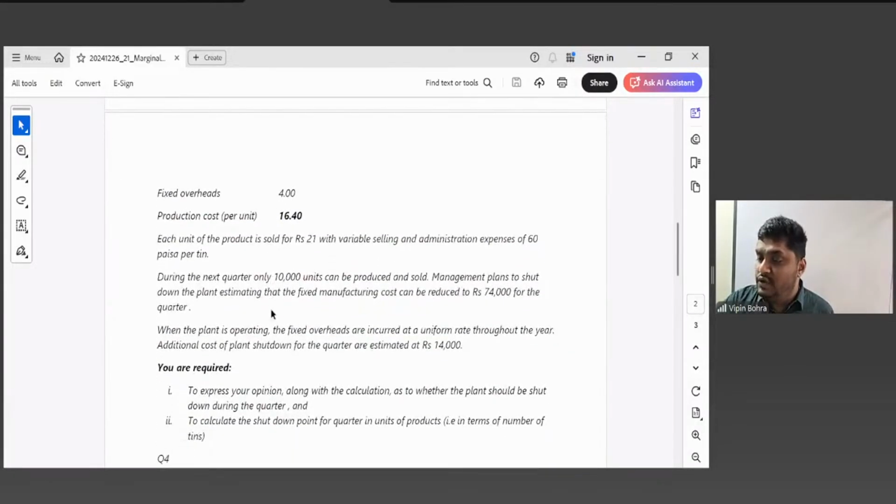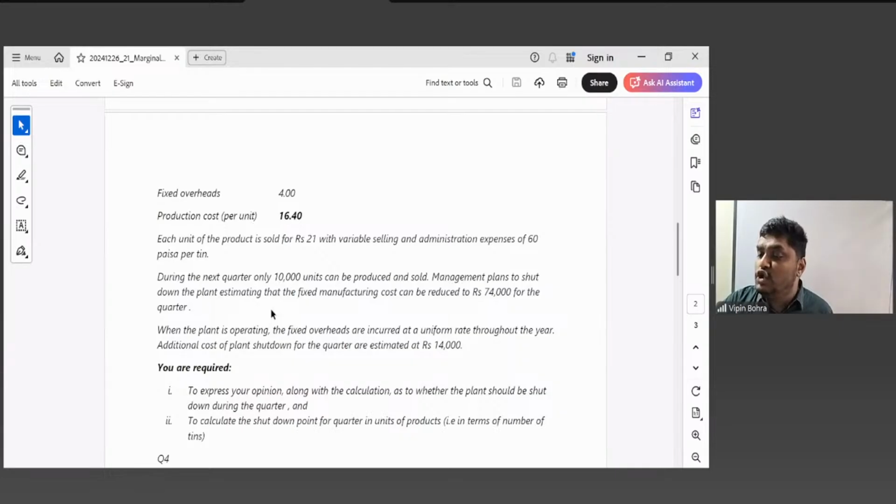I request you guys to take the screenshot. So the production cost per unit comes to 16 rupees 40 paisa. Each unit of the product is sold for rupees 21 with variable selling and administration expenses of 60 paisa per tin. During the next quarter, only 10,000 units can be produced and sold.